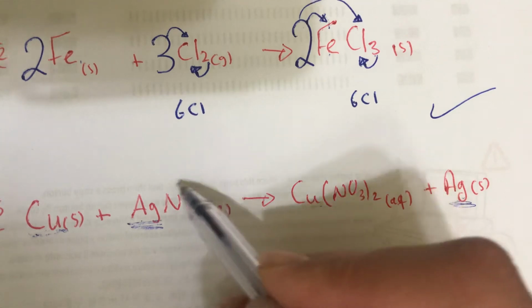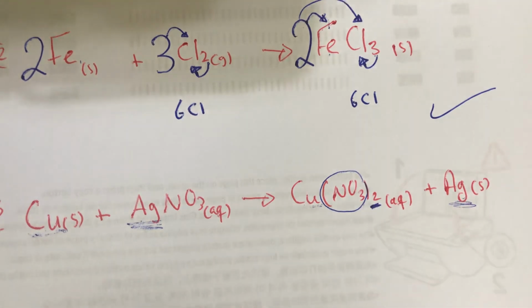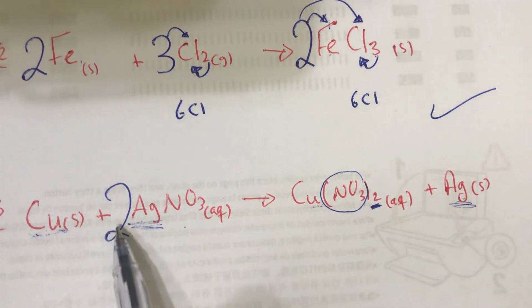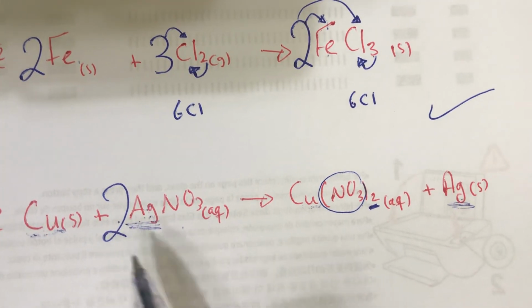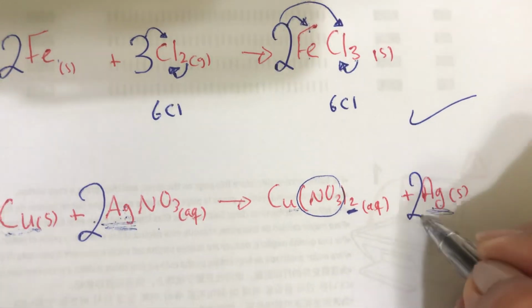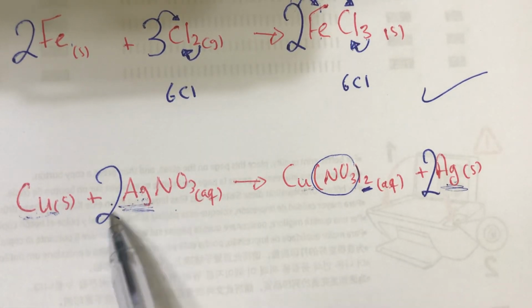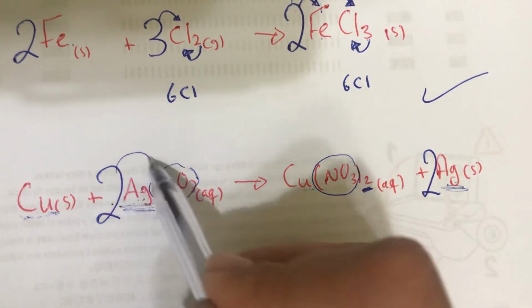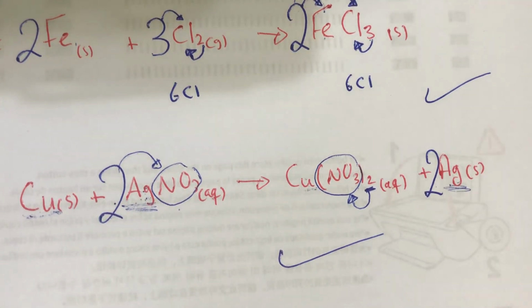Here you have 1 nitrate group and here you have 2 nitrate groups. So you have to multiply by 2. So the number of silver atoms in the reactant is 2 and here 1, so multiply by 2. So for copper 1 to 1, silver 2 to 2, and the nitrate group, this nitrate group is multiplied by 2 and this nitrate group is multiplied by 2, so it's a balanced chemical equation.